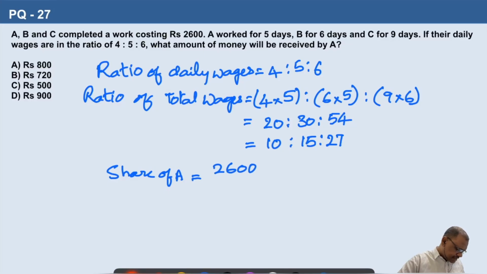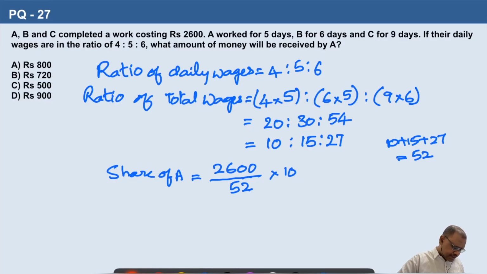This should be shared by all the 3 people. Total share is 10 plus 15 plus 27. 25 plus 27 is 52. So we have to make it into 52 parts and share of A is 10 parts.